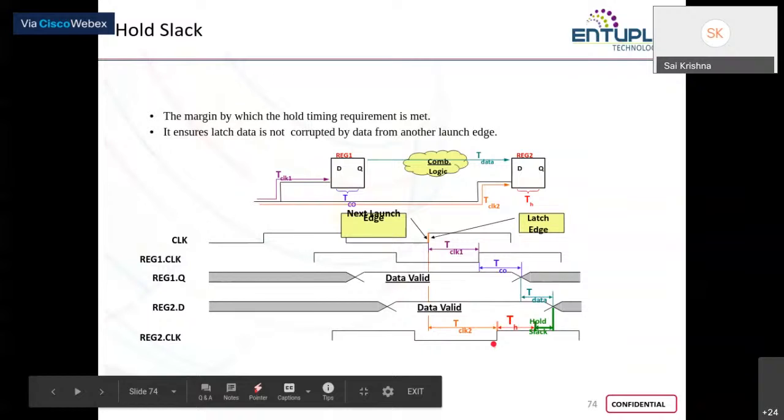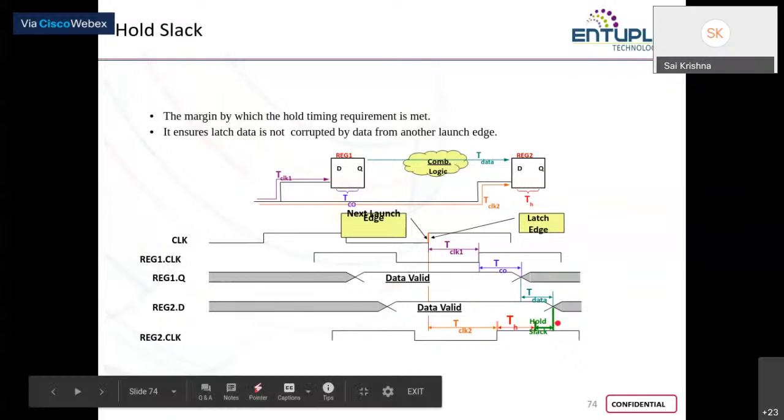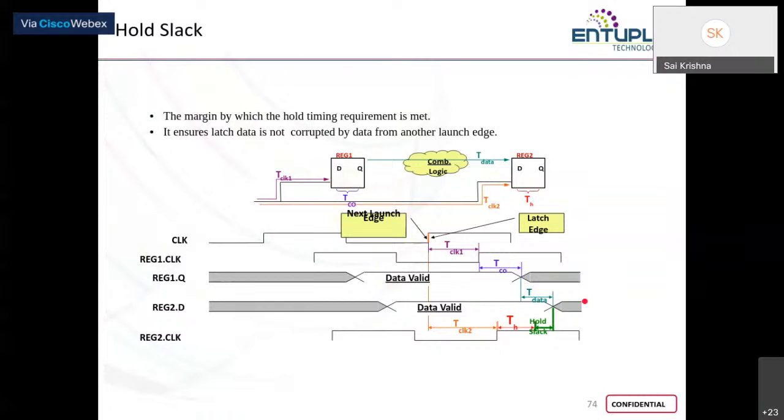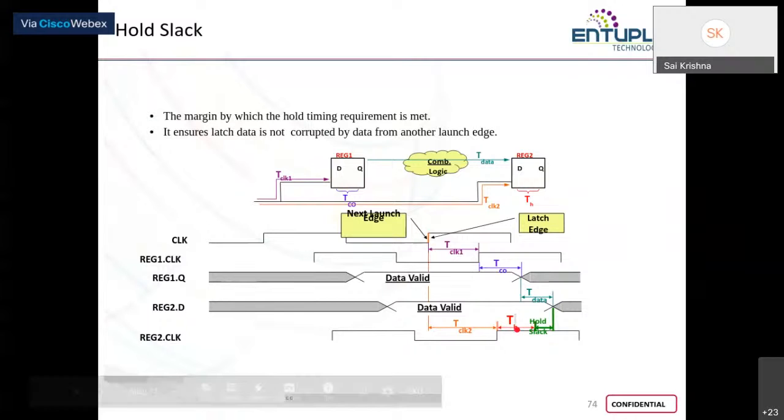So after being captured, if your data has to be held stable for, let's say, 10 picoseconds, and it is actually being sent out at 12 picoseconds, it is launch time 12 minus required time 10. So it's a positive slack. That means your hold is not violated. But if it needs to be held stable for 10 picoseconds, but is being launched at 8, then you have a negative hold slack. Even then, your data will not be handled properly and so could be lost.